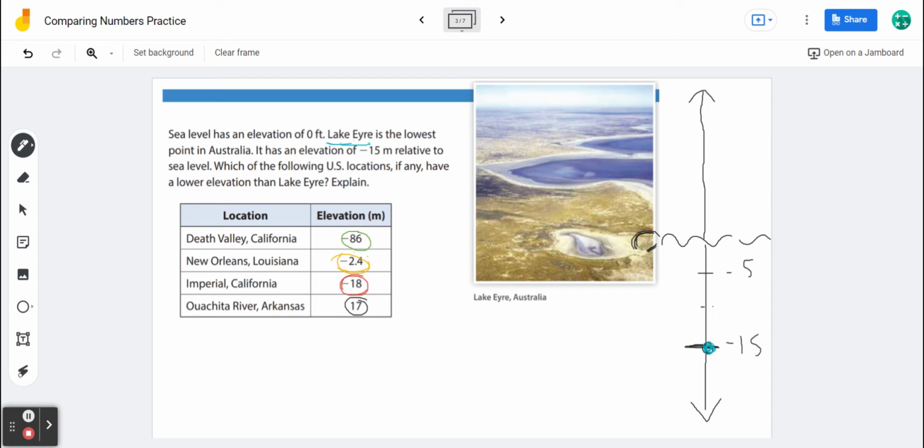If I keep swimming down, I'm going to hit negative 10 feet. Keep swimming, negative 15, and I could keep going. Where would negative 86 be? Negative 86 would be way down here. Probably a lot further, but for our purposes, I'm going to put it right here, negative 86. That's where Death Valley, California is compared to the sea level.